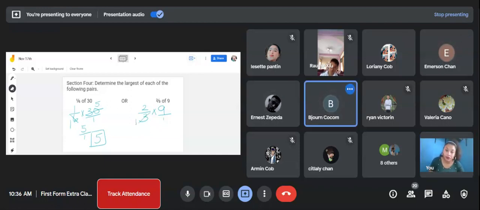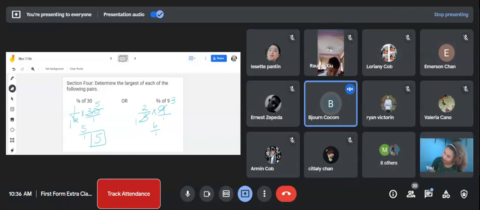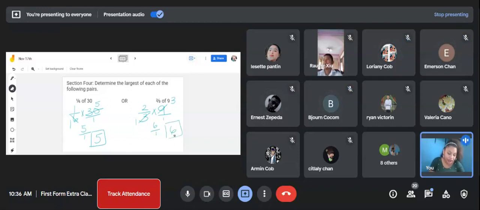And 3 into 9? 3 times. What is 2 times 3? 6. And what is 1 times 1? 1. And what is 6 over 1? 6. So you have 5 and you have 6. Which one is bigger?